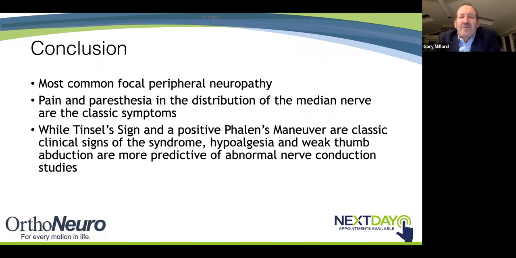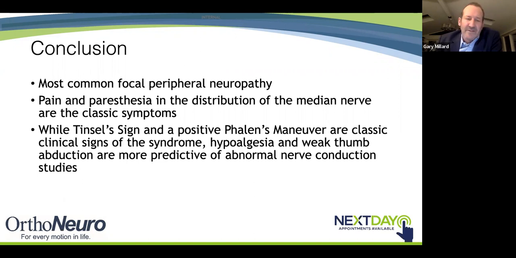So just to conclude all of this, carpal tunnel is the most common focal peripheral neuropathy. That means, in simple terms, that it is the most common nerve that's affected by compression in the periphery of your body, either the elbow, wrist, knees, foot, and ankle. The most common complaints are pain and paresthesias in the distribution of the median nerve.